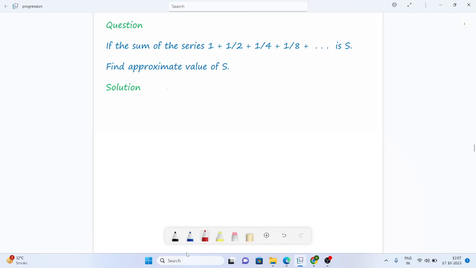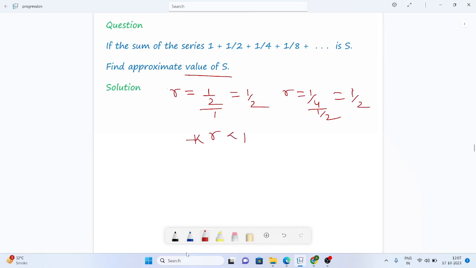If the sum of the series is s, again he asks to find the approximate value of s. So again I check for the common ratio: it is 1 by 2 upon 1, which is 1 by 2, and 1 by 4 upon 1 by 2, which is again 1 by 2. So r is between minus 1 and 1.